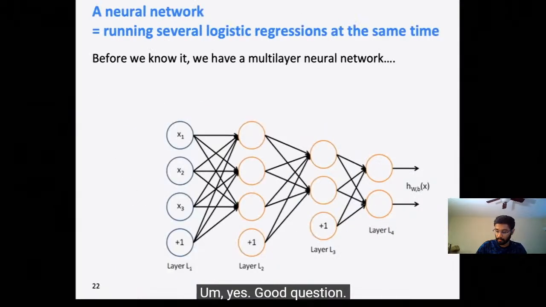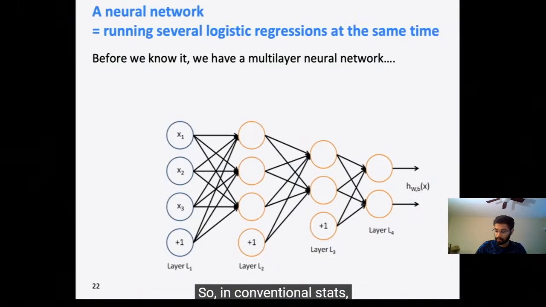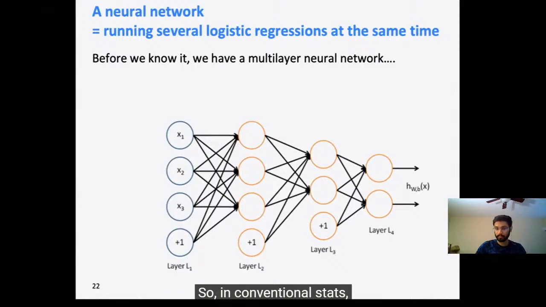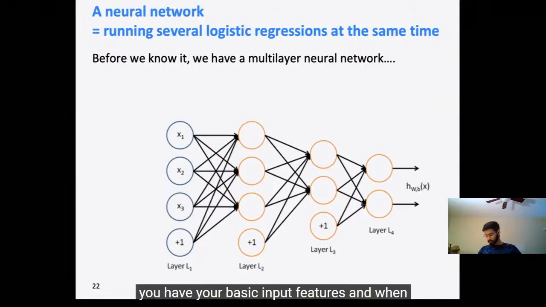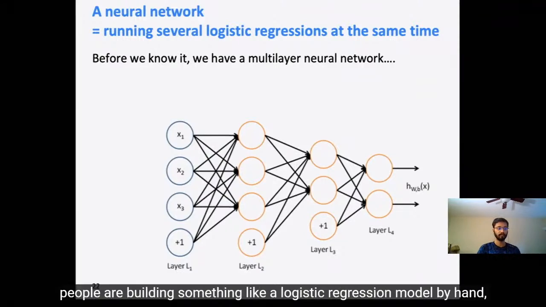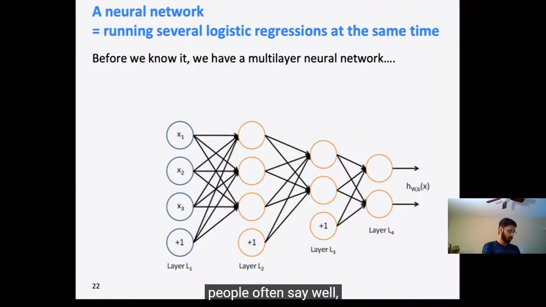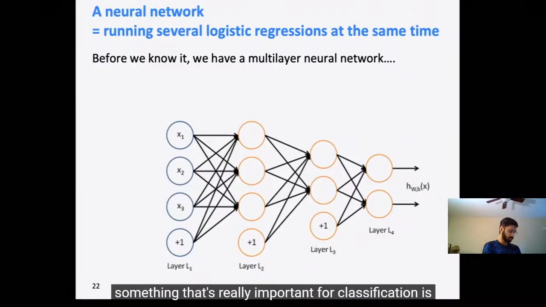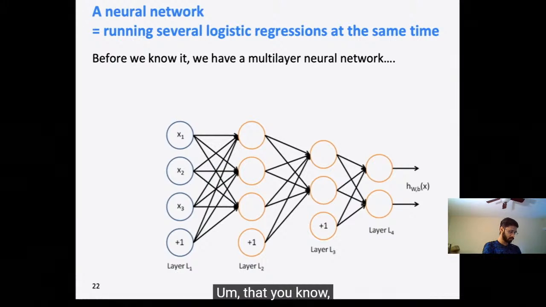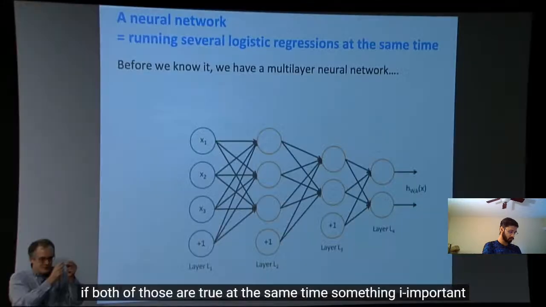Yes. Good question. So in conventional stats, you have your basic input features, and when people are building something like a logistic regression model by hand, people often say, well, something that's really important for classification is looking at the pair of feature 4 and feature 7. If both of those are true at the same time, something important happens.